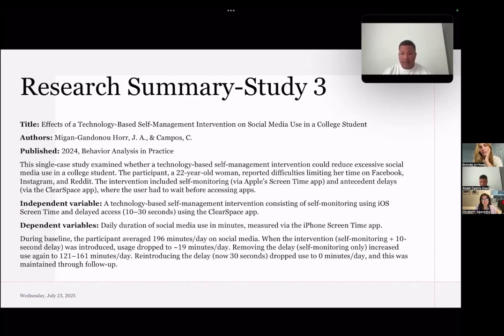Removing the delay while keeping self-monitoring increased the use again to 121 to 161 minutes a day. When they used 30 seconds to open the app, the use dropped to 0 minutes.